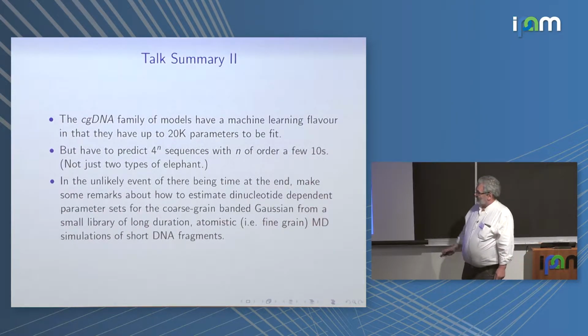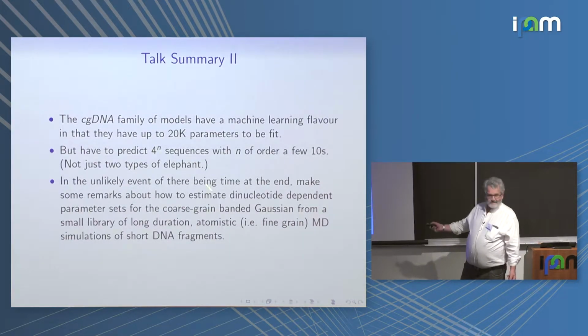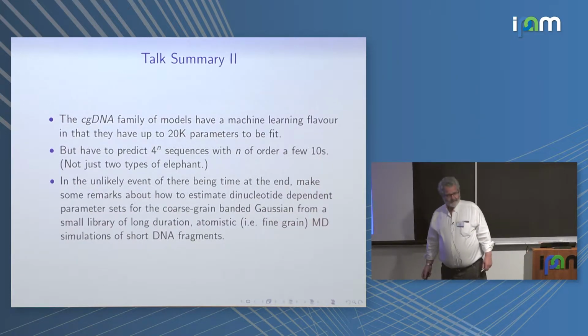And the model has to predict PDFs for 4 to the n different sequences, where n could be a few tens. So you have to model a whole bunch of different sequences with one set of parameters. In that context, 20,000 is not so big, because if n is 10, that's basically a million. But it certainly makes a lot of applied mathematicians very unhappy when you say you have 20,000 parameters.